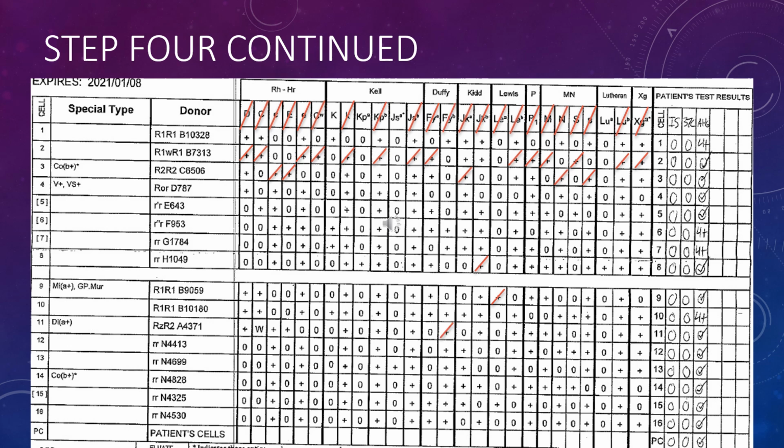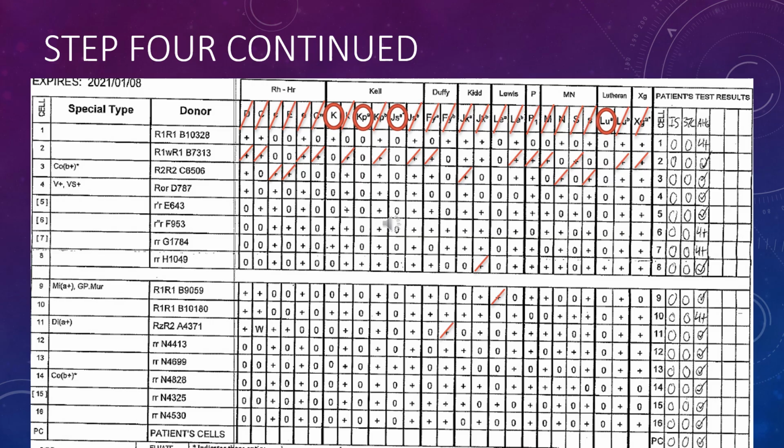Now, I said that when you're first starting, you want to go through every single one. But at this point, if you look at the top, we're only left with big K, KPA, JSA, and Lutheran A, LUA. Now, KPA, JSA, and Lutheran A are all considered low incidence antigens, and we are rarely ever able to rule them out.